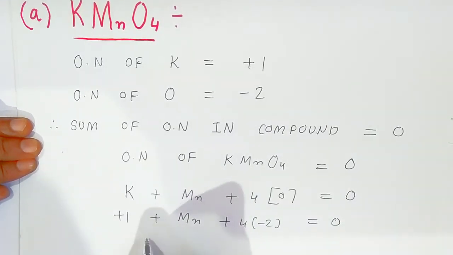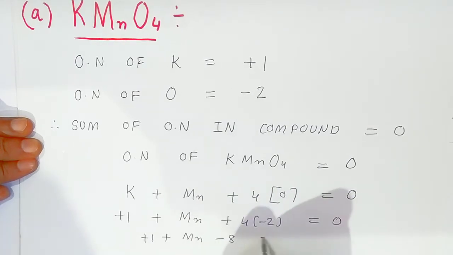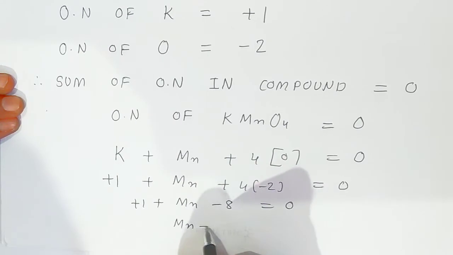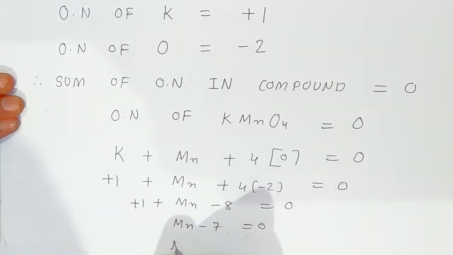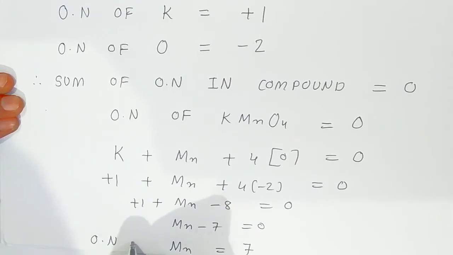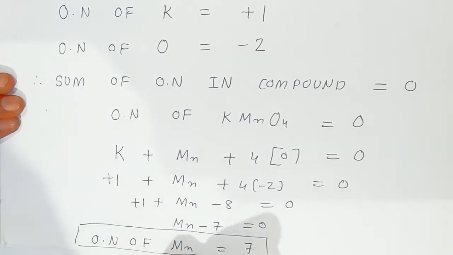So students, +1 plus manganese, -8 equals 0. Manganese: +1 - 8 = -7, so manganese plus -7 equals 0. So the oxidation number of manganese we got is +7. This way we can find the oxidation number of the manganese atom in the compound. Okay students, these are very important.